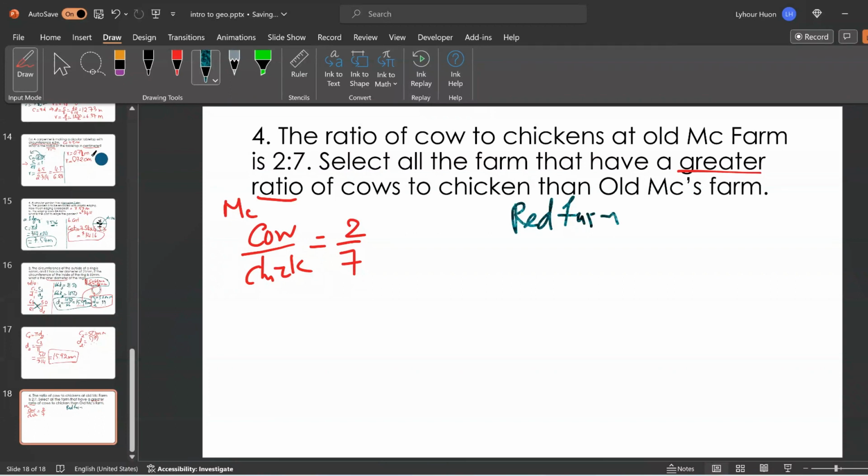The red farm is 3 to 5. Three cows to every 5 chickens, so the ratio of cows over chickens is 3/5. What do you think? 3/5 and 2/7, which one is greater?